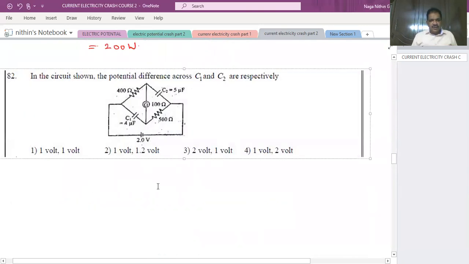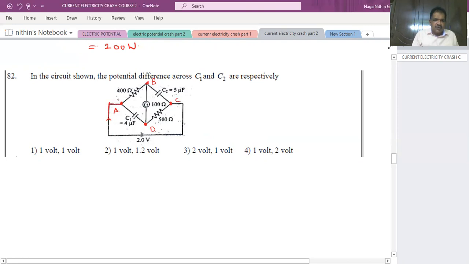After 76, 82 you see. They gave one circuit like this, Wheatstone bridge circuit. What is the PD across this C1? Across the C2, they are asking. I am assuming some points. Here A, next here B. Can take any points. Here C, here take D. Current, what will happen means from the battery, it will start like this.